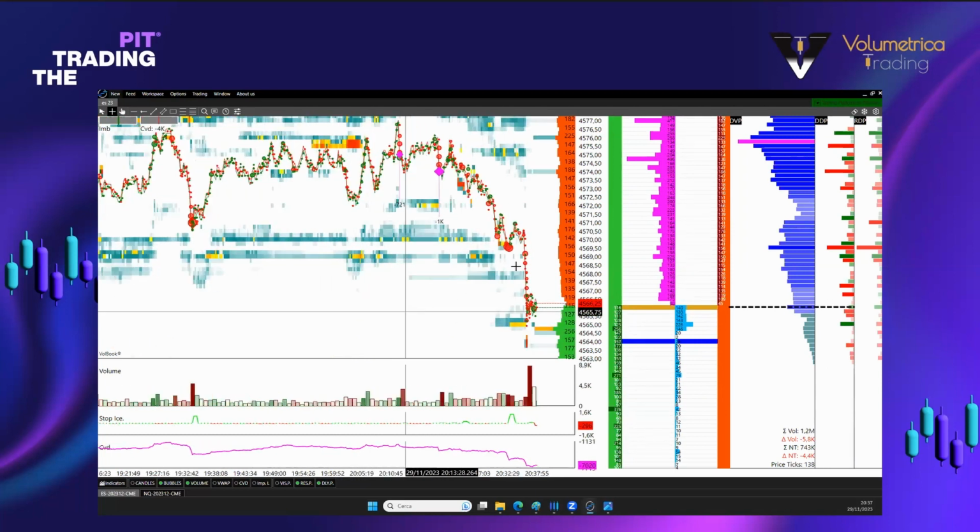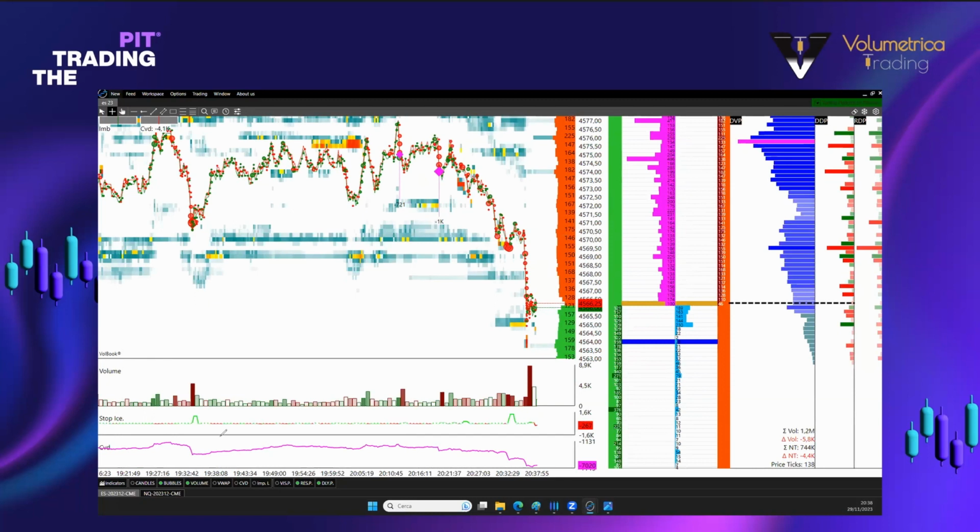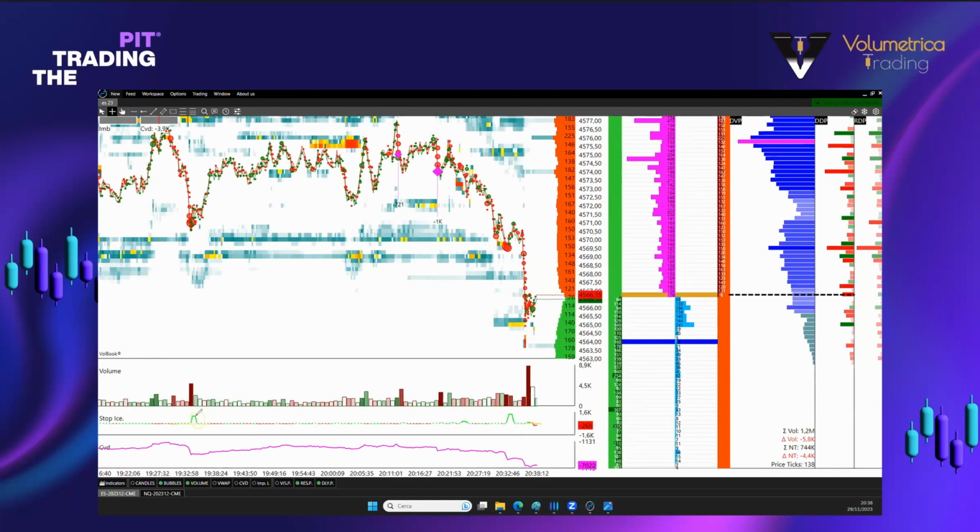Now, how can we read this indicator? Every time we have a peak above the middle zero line, the curve turns green, and every time we have a peak below the zero line, the curve turns red.